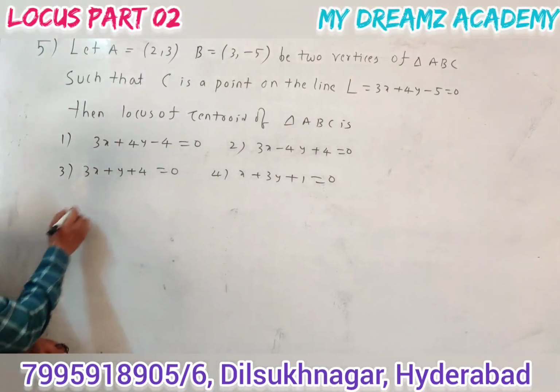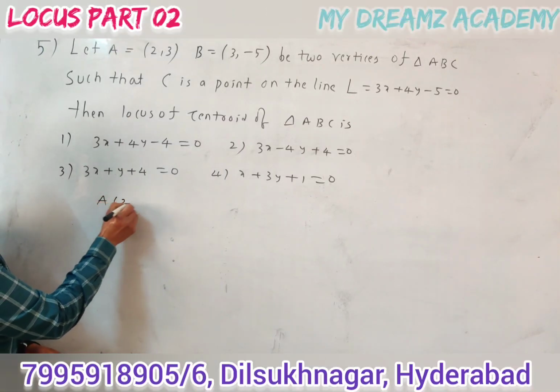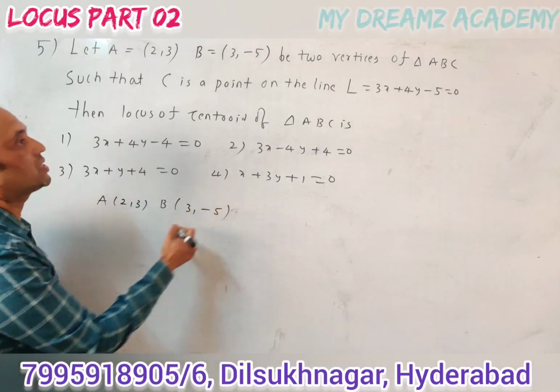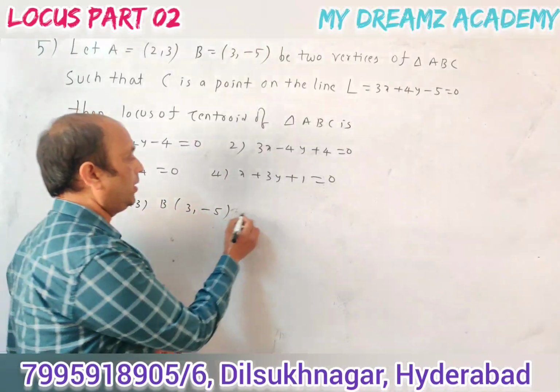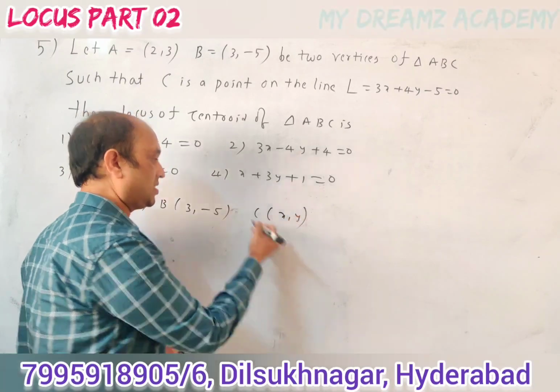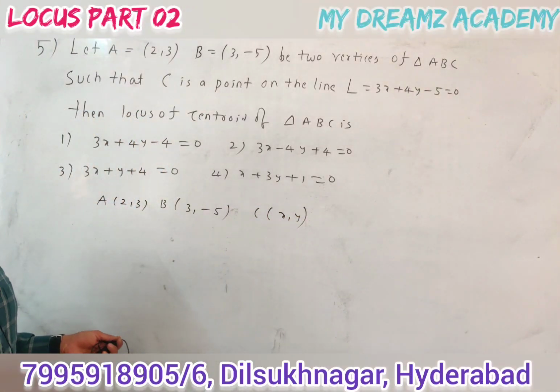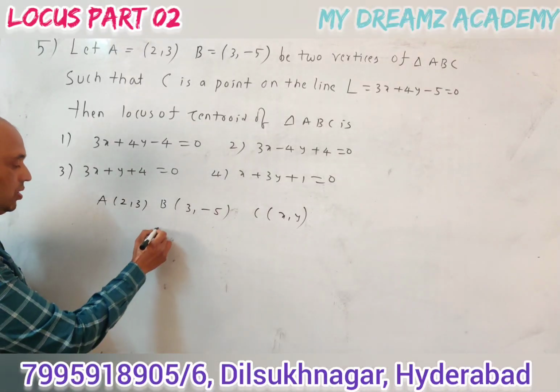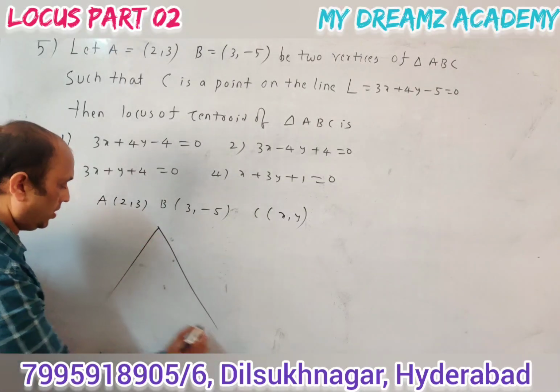So here the vertices of the triangle are A equal to 2 comma 3, B is equal to 3 comma minus 5. We don't know the C point, so assume that C is x comma y. Now we want to find the locus of the centroid of triangle ABC.